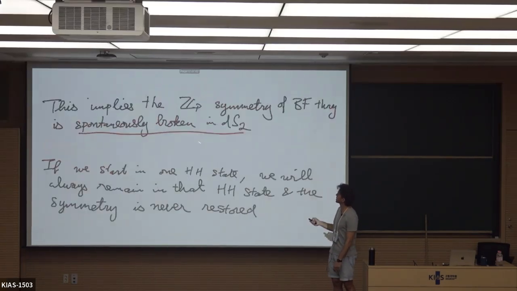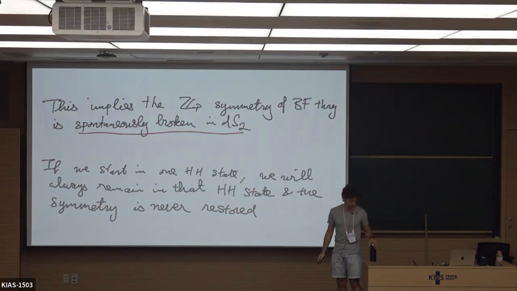And what this suggests is that I have a theory with this ZP global symmetry, and this ZP global symmetry is spontaneously broken on de Sitter. Because the Hartle-Hawking construction, the normal one where I just insert the identity in the Euclidean section, prepares the charge 0 state of this ZP symmetry. However, I could insert any number of these and have a different ZP charge.